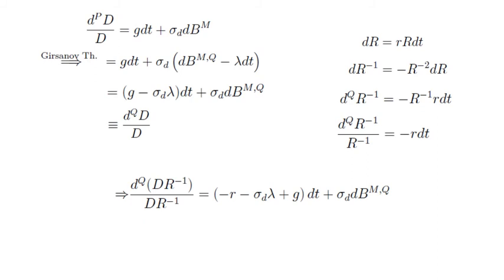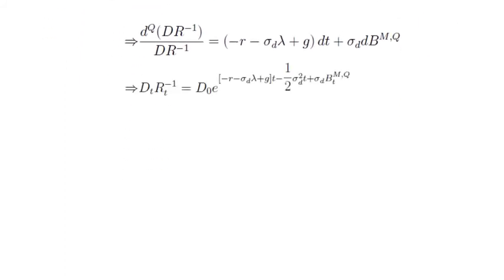So now we continue. If we want to solve for D(t) times R(t) inverse, we can now see that it just coincides with the next expression here. As we take the conditional expectation and we have the Gaussian shock and the Brownian motion under Q, the half sigma squared term in the exponential cancels out, and we just end up with D0 times the exponential of minus r minus sigma D lambda plus g times t.